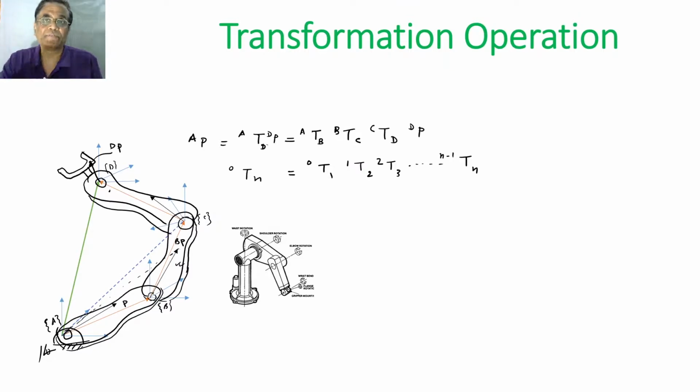And what if I bend the link also? So we should have a generalized way. Even if it is bent, how can I get the link length? And even if it is twisted, how can I accommodate that information in my homogeneous coordinate transformation matrix?